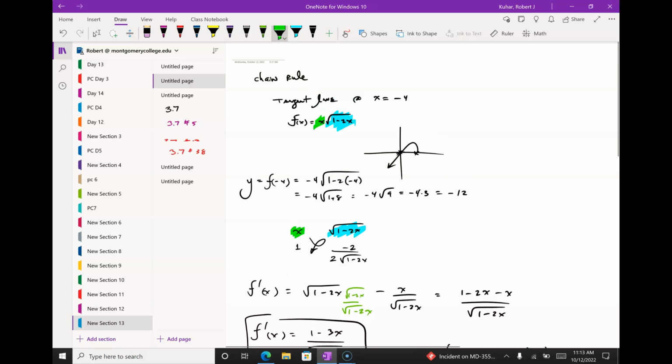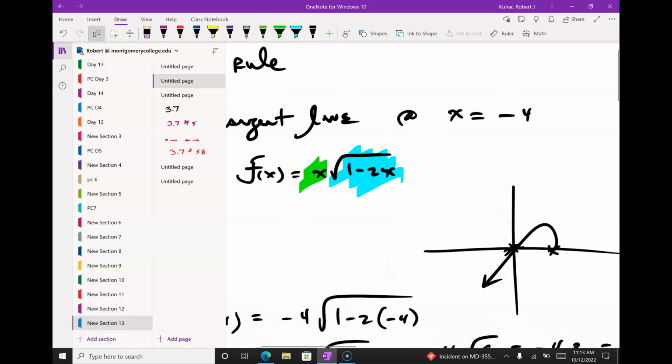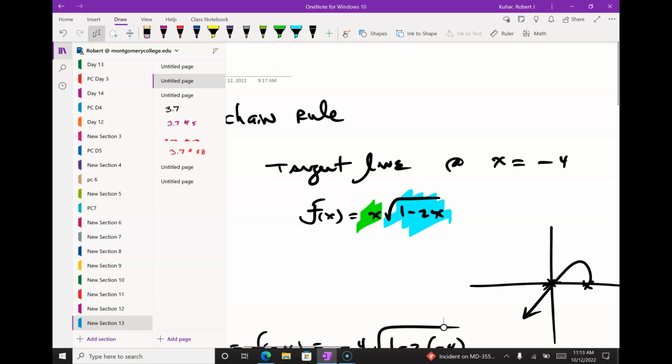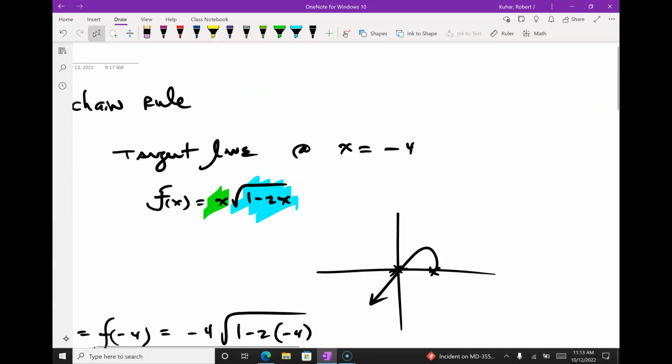So this problem, I like this problem. So we're going to do a tangent line at x equals minus 4 for that function. So I need a product rule there. And a chain rule.